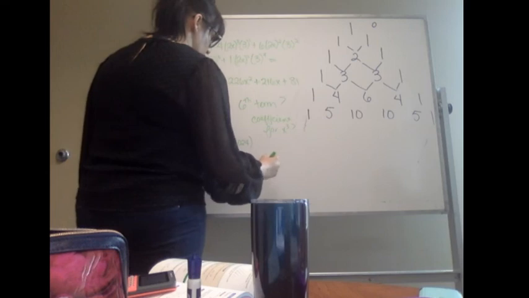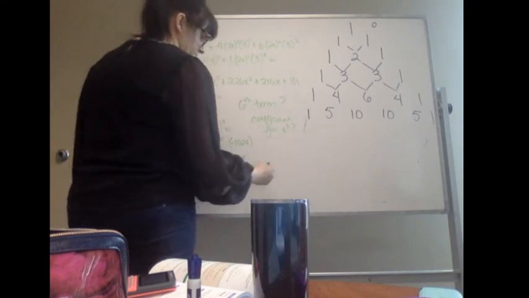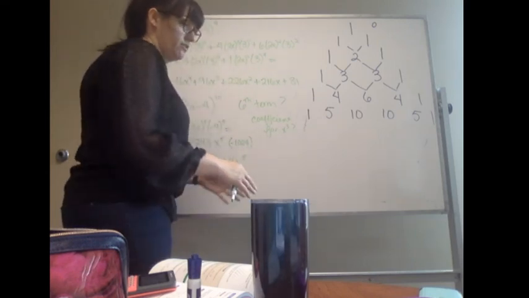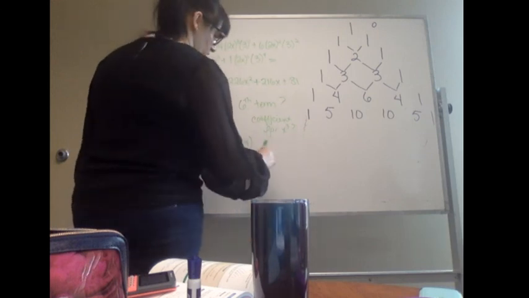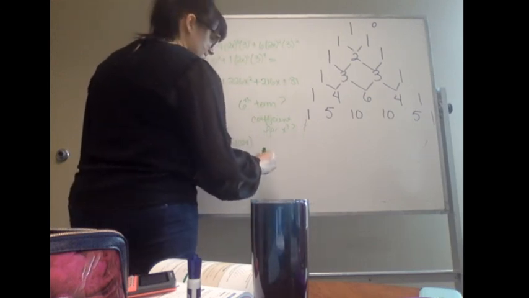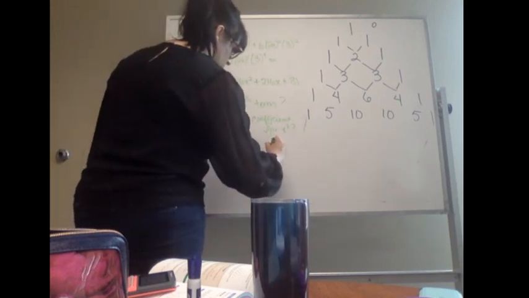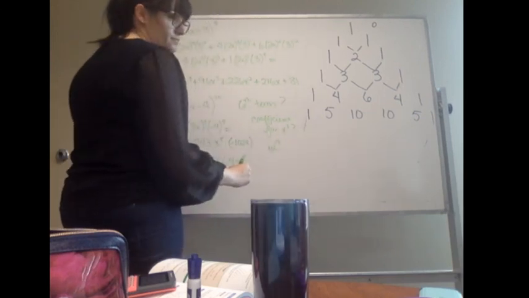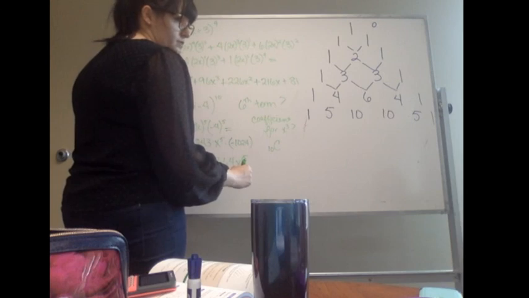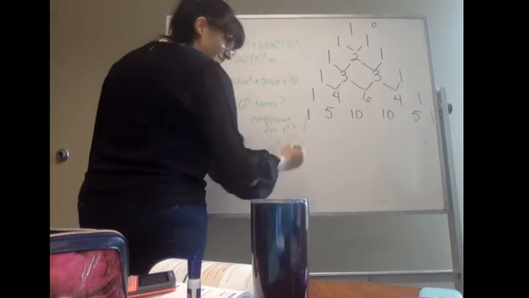So how do I set it up? You know you're going to have nCr first. So what number is for n? It would be 10. And then x to the 3rd, that would be 7. Yes! Good!